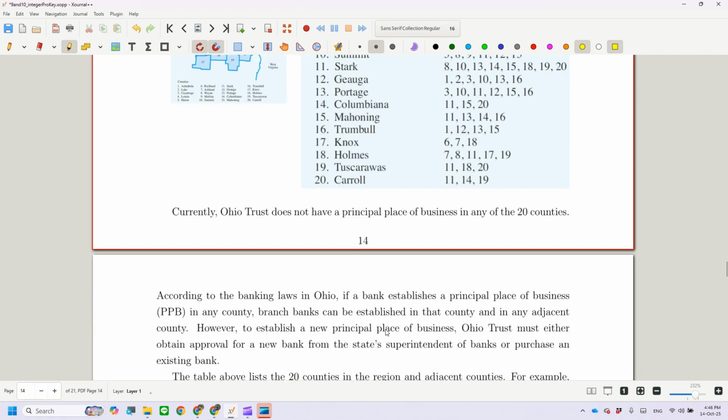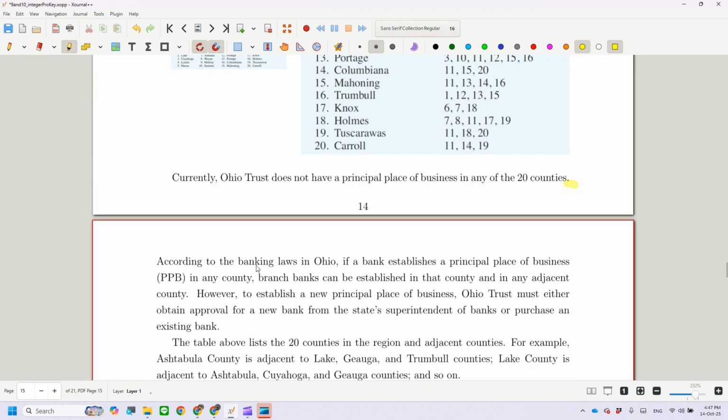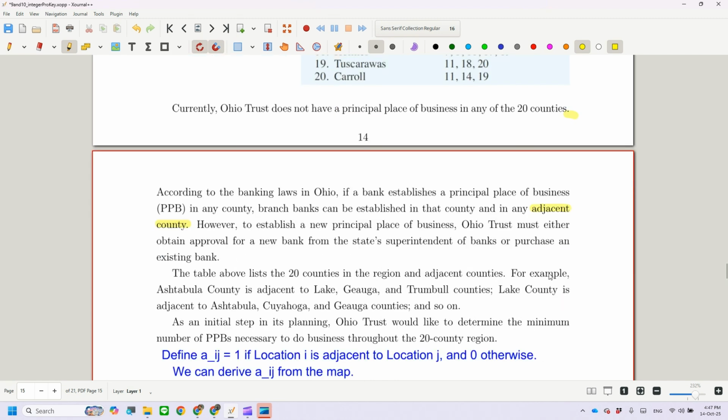Currently the bank does not have a principal place of business in any of the 20 counties. According to the banking laws in Ohio, if a bank establishes a principal place of business in any county, branch banks can be established in that county and in any adjacent county. However, to establish a new PPB, Ohio Trust must either obtain approval for a new bank or purchase an existing bank.